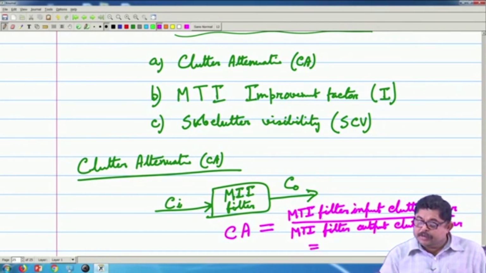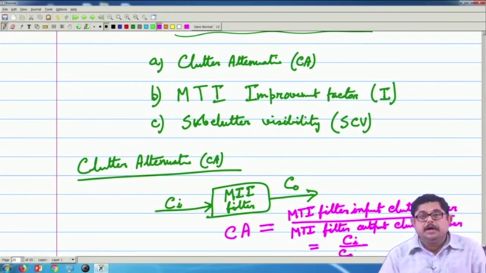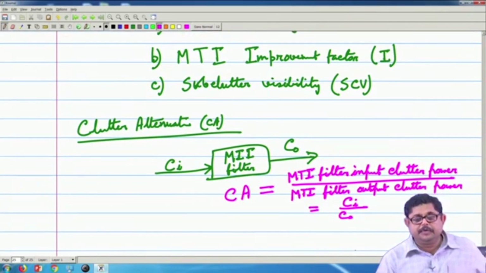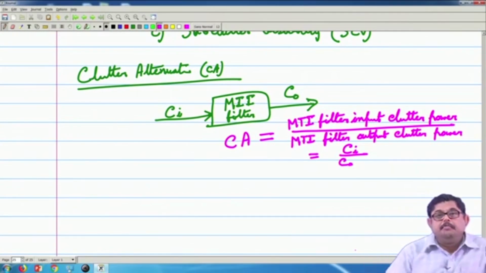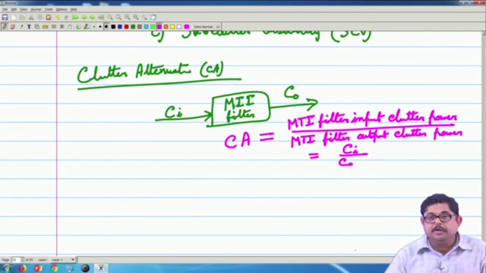That means, basically it is a ratio of Ci by Co. Okay. Now, if we can model the clutter, if we can model the power spectral density, then we can find out the power.